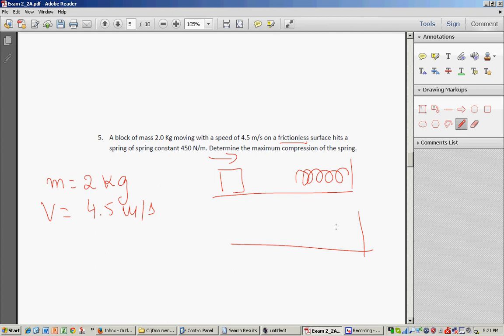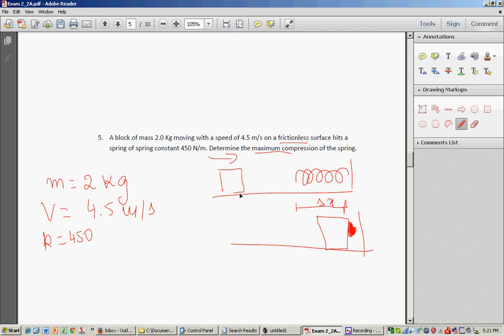So of course it's going to hit this spring and compress it. This distance here is how much the spring was compressed, and we want to find the maximum compression of the spring. The spring constant is given, 450.